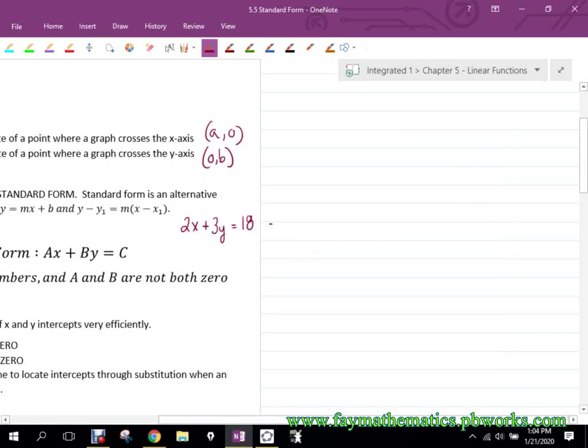Can we take this and rewrite this as 3y equals negative 2x plus 18? Does that make sense to everybody? I'm trying to isolate my y term. And then can I divide everything by 3? So you get y equals negative 2/3 x plus 6, right? Does that make sense to everybody?